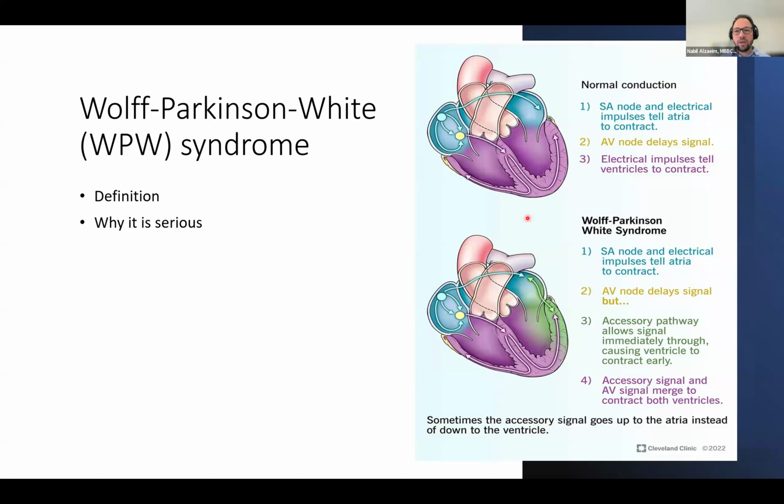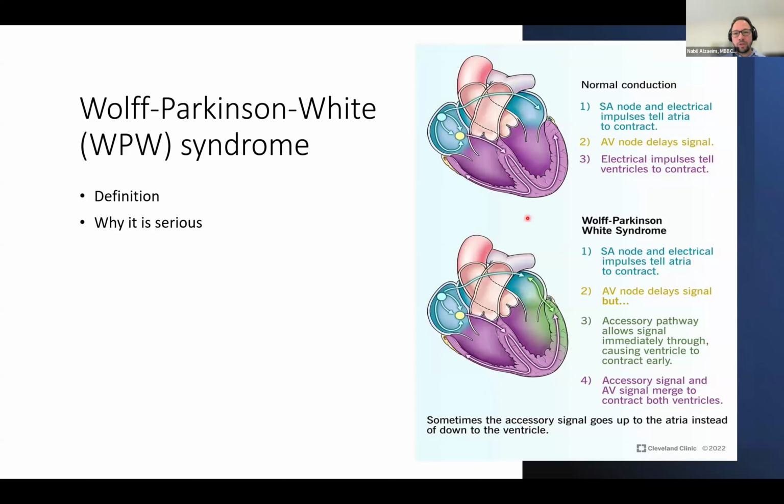Risk stratification for sudden cardiac death could be performed with exercise testing, although frequently patients are referred to EP specialists, electrophysiologists, to do the EPS and curative ablation.